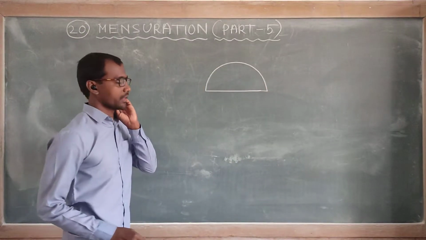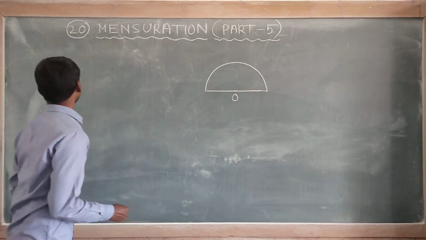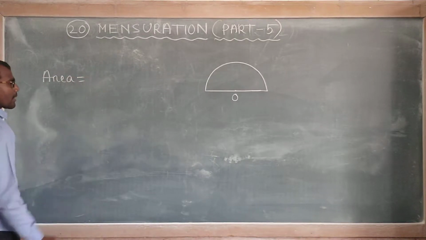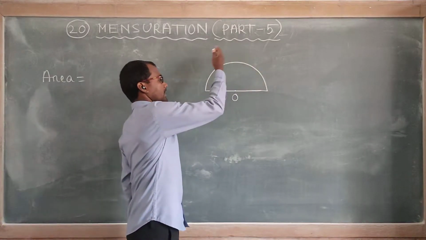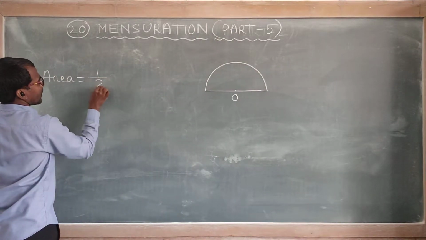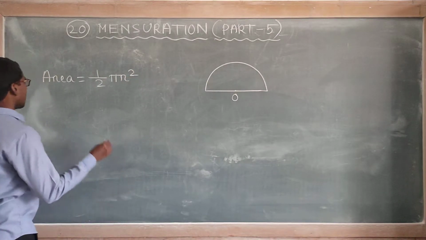This is a semicircle. Let the center be O. Now its area is obviously half. Full area is pi r square. Half area will be half pi r square.